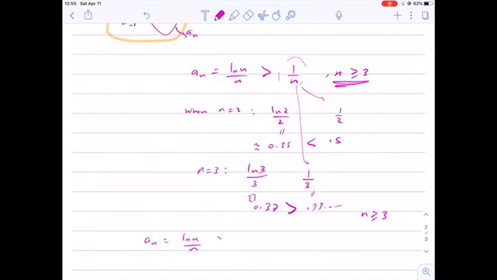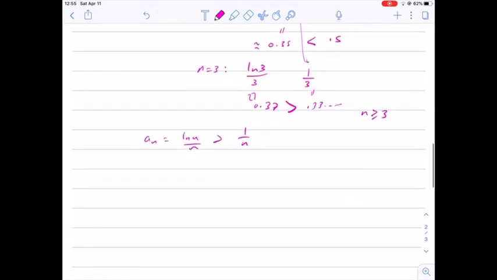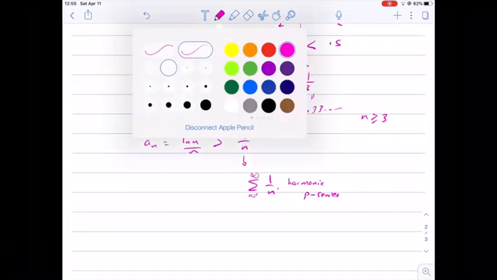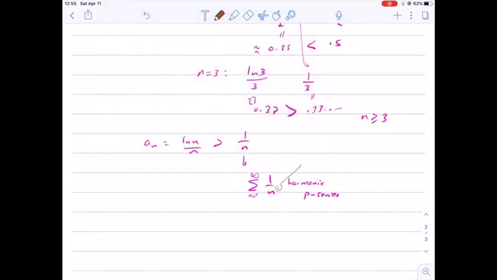So a sub n, natural log n over n, is greater than 1 over n. Now we take the series of 1 over n. This is the harmonic series, which is part of p series. p equals 1, it's less than or equal to 1, and that means it's divergent.